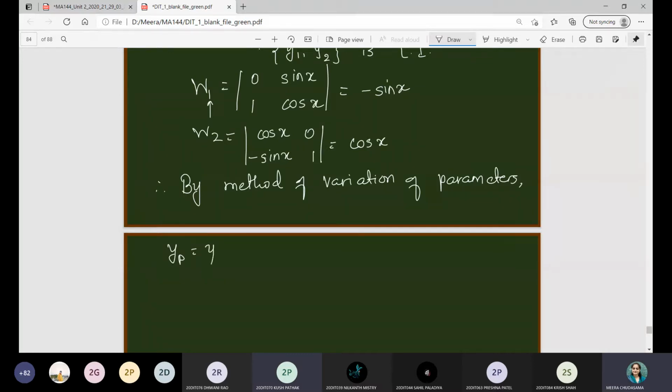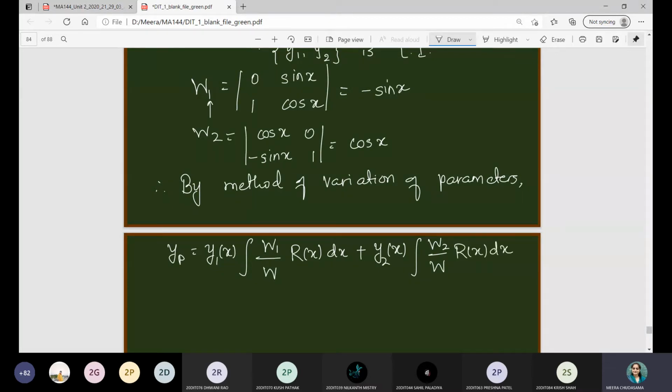Yes, so directly we will substitute here y1(x) into integration of W1 upon W, R of x dx. This is what we have done in the last class also. Directly we have substituted. If you want to go for that formula u1 y1 plus u2 y2 and so on, you can go, right? And here it will be y2(x) into u2, and u2 is nothing but integration of W2 upon W, R of x dx.